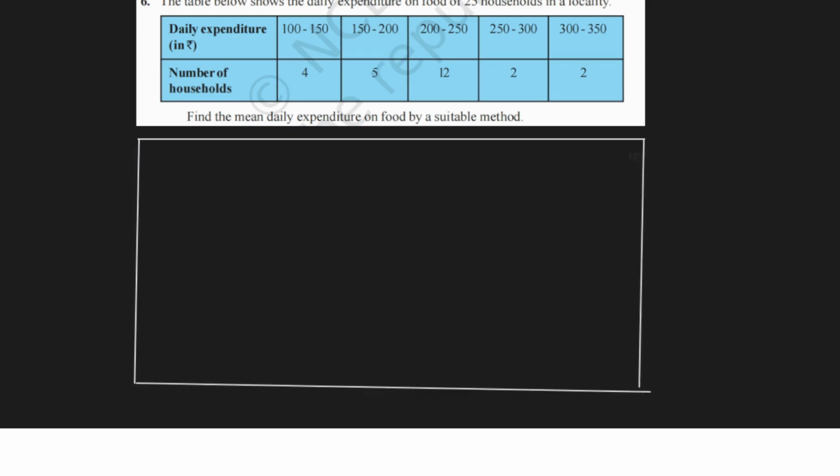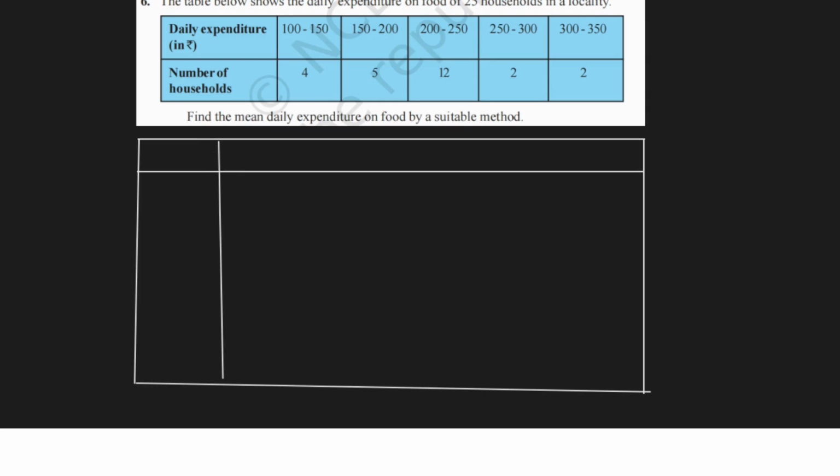So let's make a table with 6 columns. We are using the step deviation method here. The first one is for the class interval, that's the daily expenditure here. So we'll write 100 to 150, 150 to 200, 200 to 250, and 250 to 300.